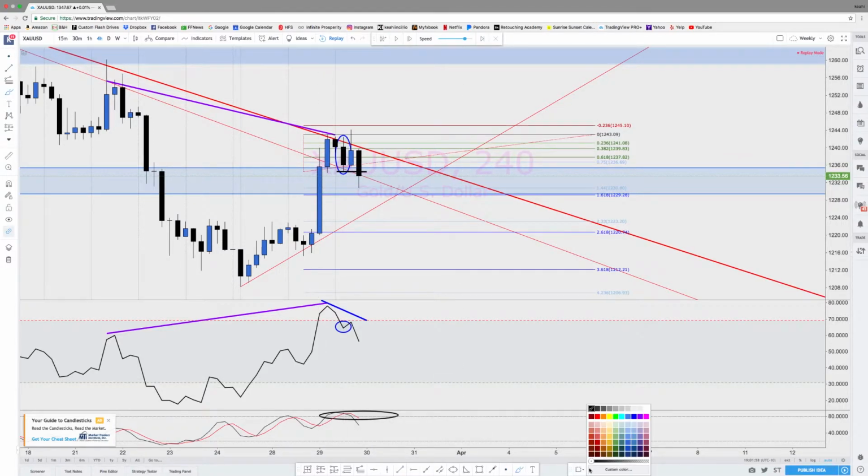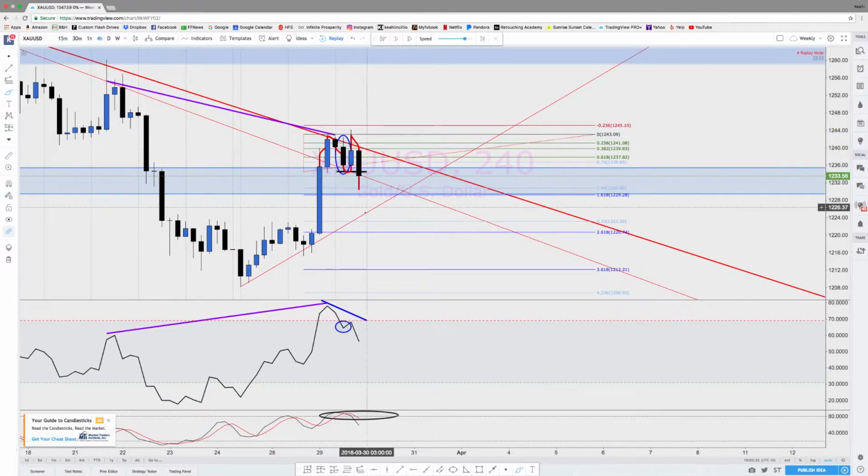So it made an M, and then it broke and closed below. The RSI made an M, divergence came down. What I missed, I didn't put an entry on any of my fibs. I missed the trade on that candle.